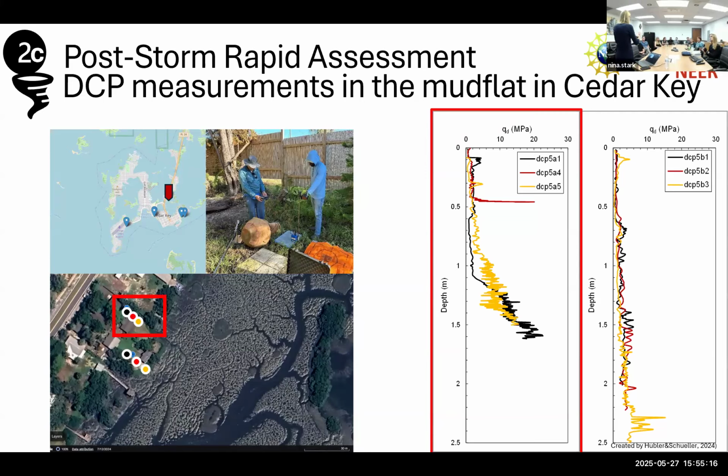We need to first calculate them into the same unit, and after that compare the profiles, because I know it can't be translated one to one. That is true, but I think it can still show trends. One is more for the surface, the other one going deeper into the ground. And really the DCP starts nearly where the blue drop ends, I would say. So it's very good to combine them together.